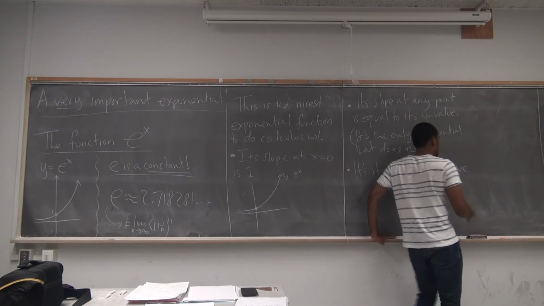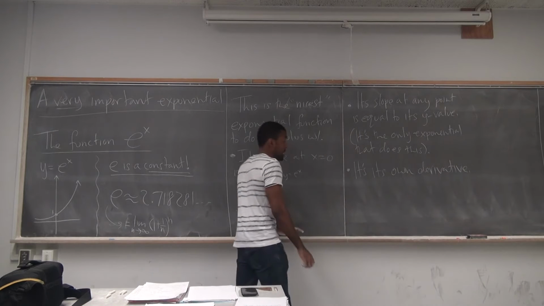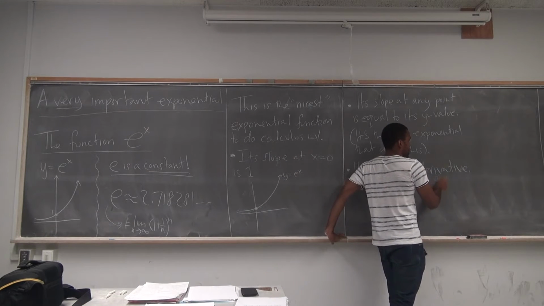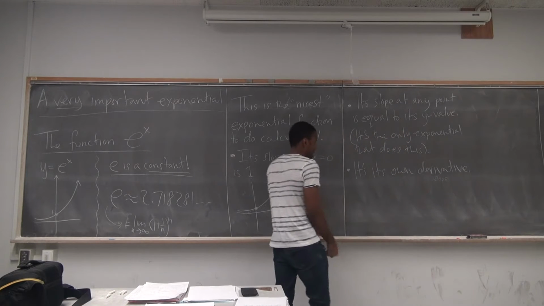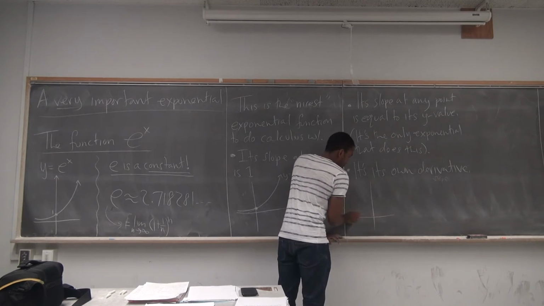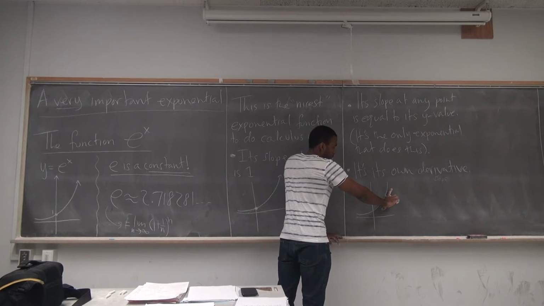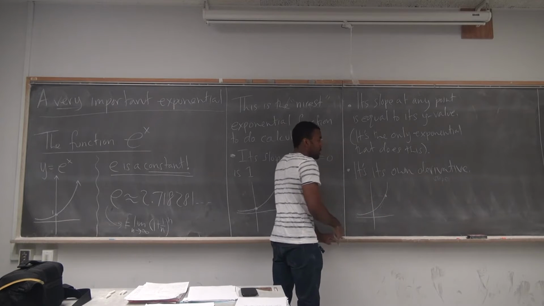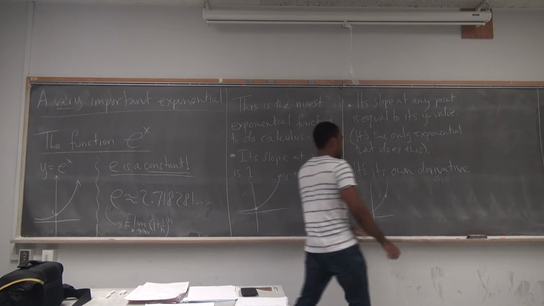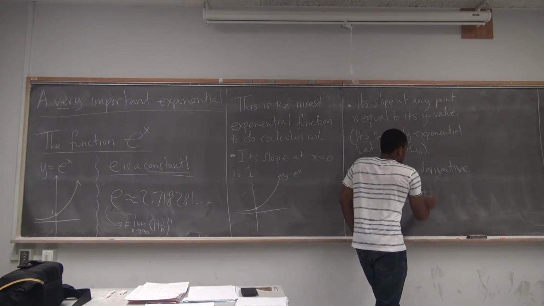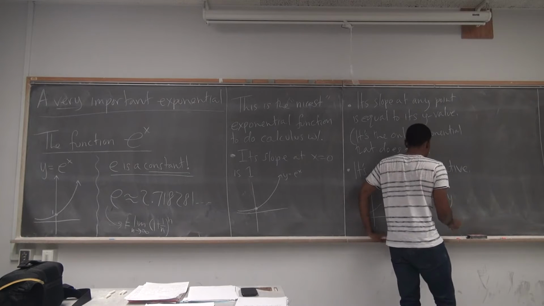Derivatives we'll talk about in chapter 2, so you'll understand what I'm talking about there. Derivative, we will discover, is just a fancy name for the word slope again. So basically at any point on this function, if I find out the slope at that point, like draw a tangent line, the slope of that straight line is going to be exactly equal to the y value at that point. Right? And 0 is the only other function that does that. So that's a really special property.